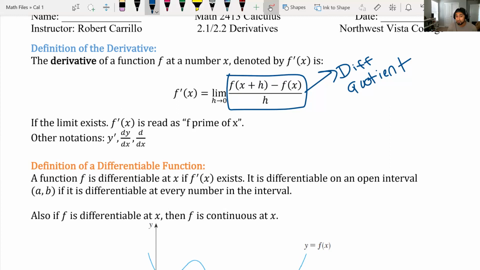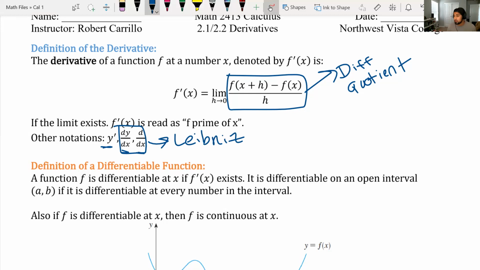And f prime of x is read as f prime of x. These are the notations. Y prime, this is y prime. This is dy over dx and d over dx. These last two notations are called Leibniz notation.